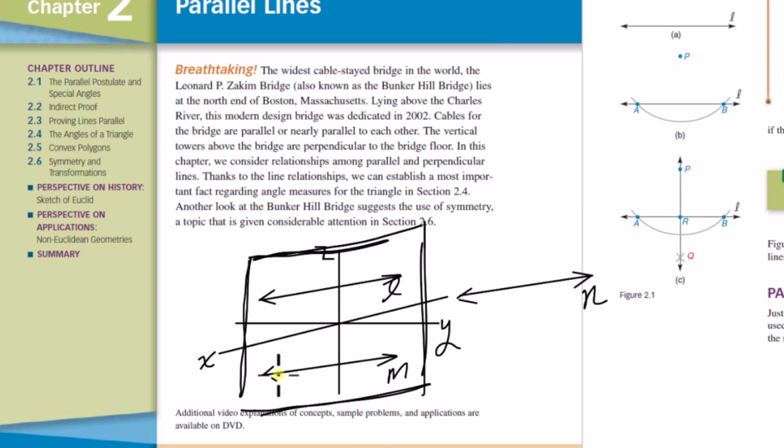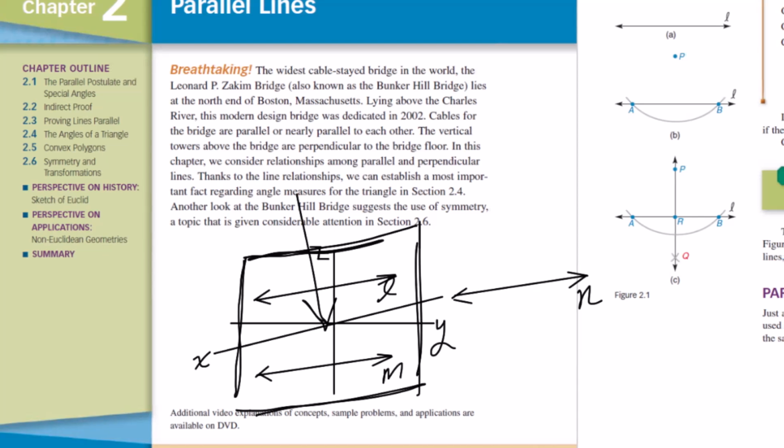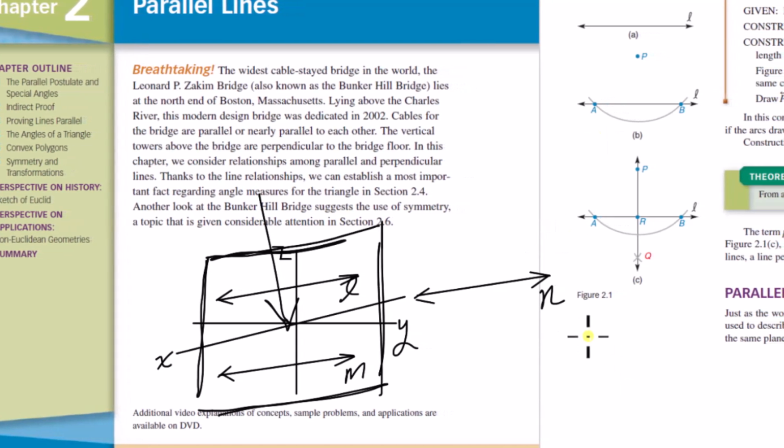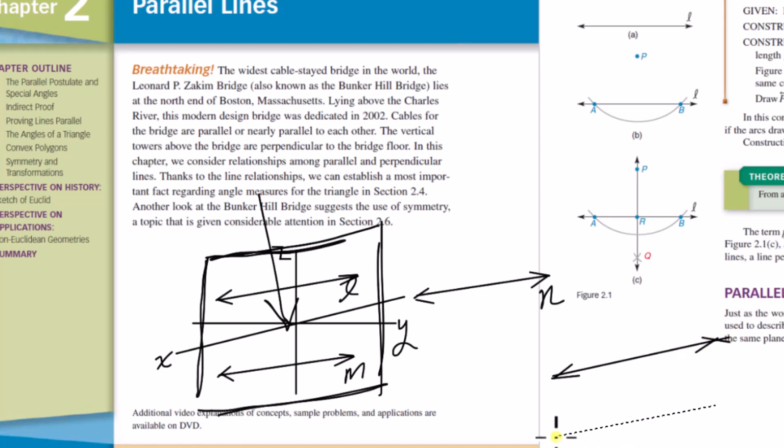Then you could rotate the 3D space here to make it flat with your computer screen, and you would see these two lines, lines L and M, as being parallel, and their common plane would be flat with your computer screen.